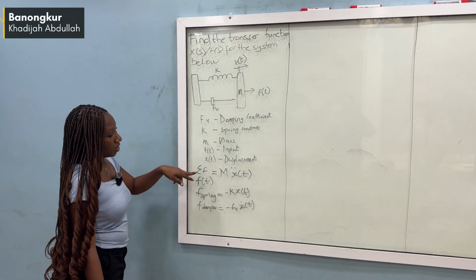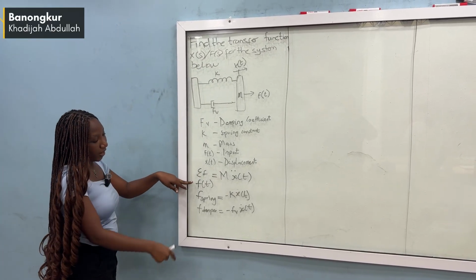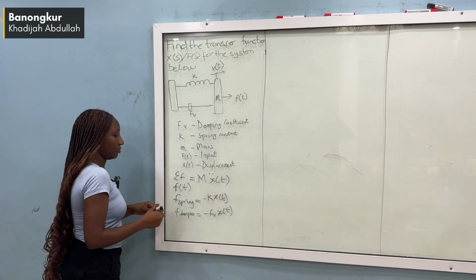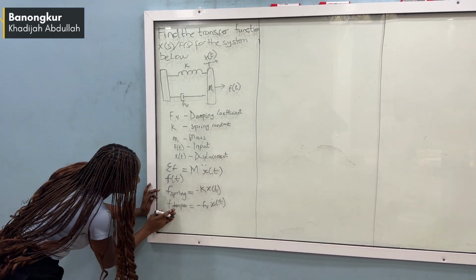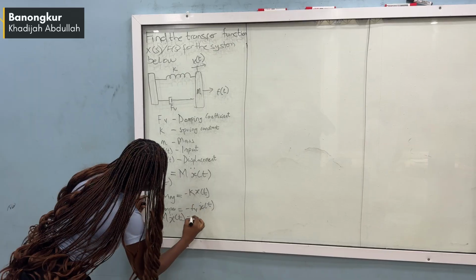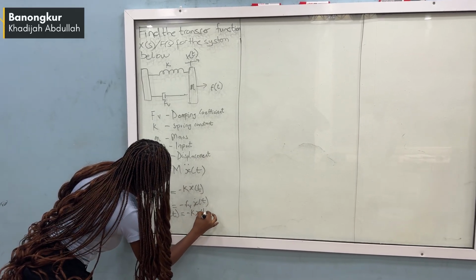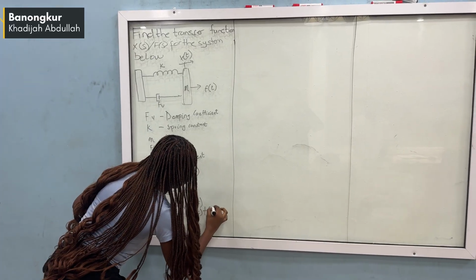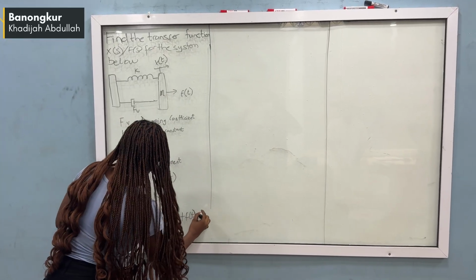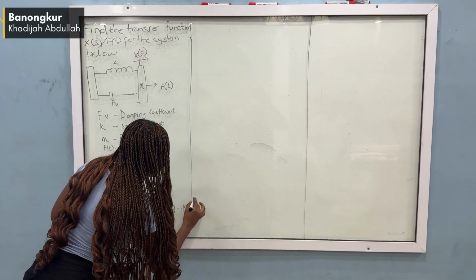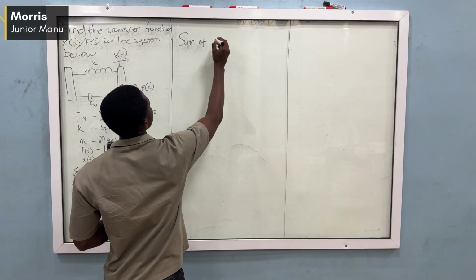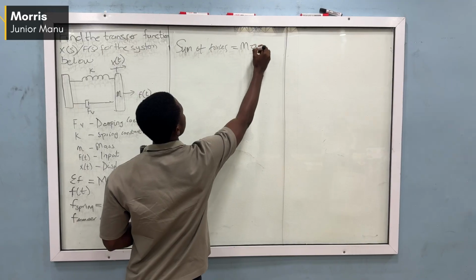So according to Newton's second law, the sum of the applied force, the spring force, and the damper force is equal to mass times acceleration.